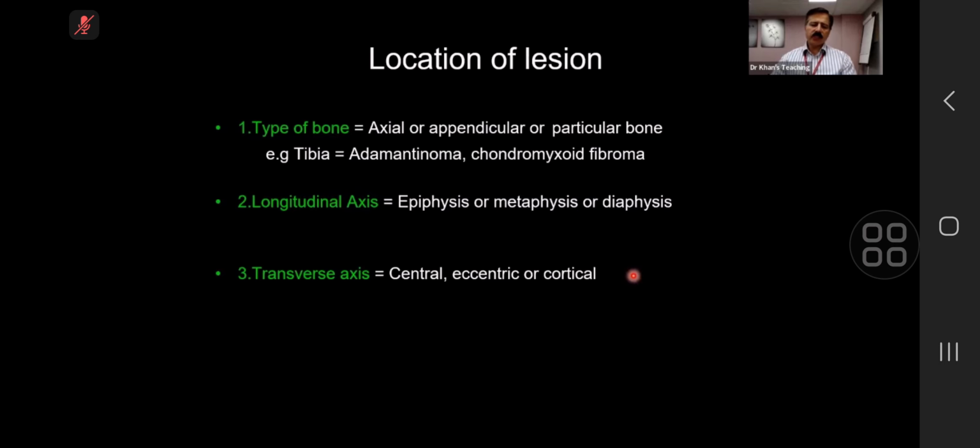Right. Location of lesion is one of the key things for the exam. Absolutely critical, the most important thing. And we are talking about the long bones here. Of course, the type of bone, axial versus appendicular, is a different entity, and there are some tumors which occur at specific bones.